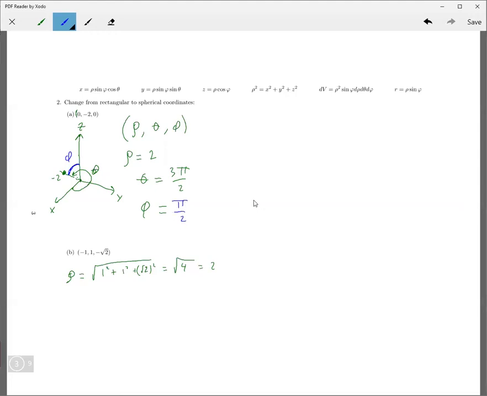It's just going to be pi over 2. Okay, that's a right angle. So let's try that: 2, and then 3 pi over 2, and then pi over 2. Okay, so there's that one.